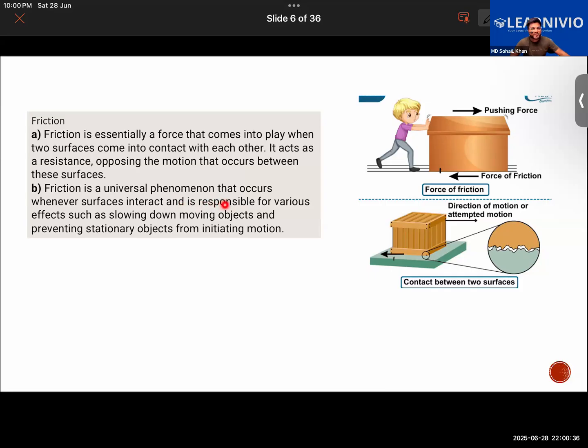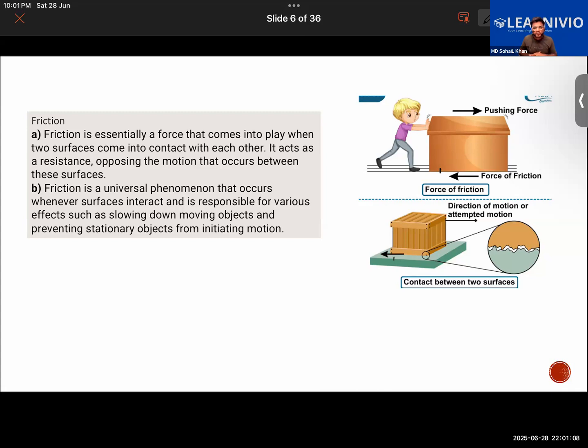You are cycling at full speed, and suddenly a dog is passing by, so you have to instantly apply the brakes. Suddenly the speed at which you were driving reduces because of friction. The rubber brakes come onto the surface of the rim of the cycle wheel, and the body slows down.